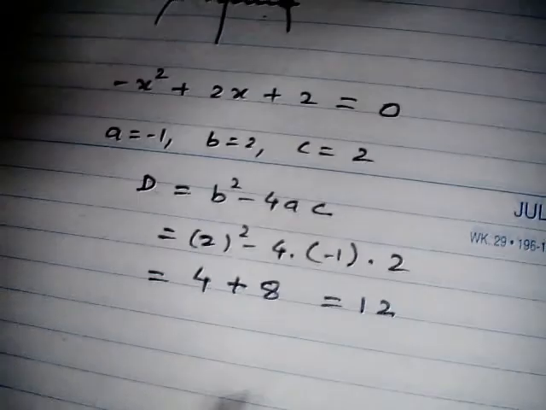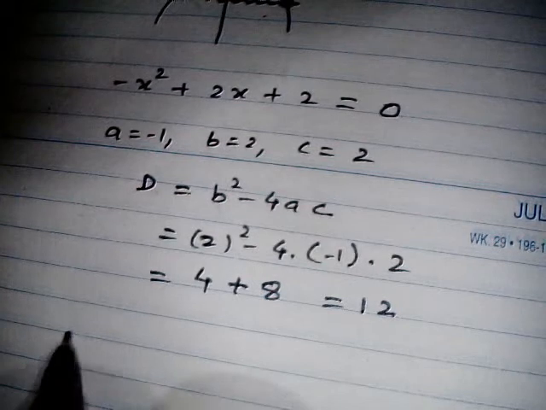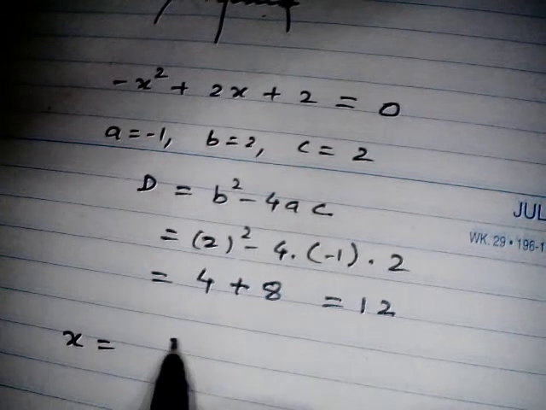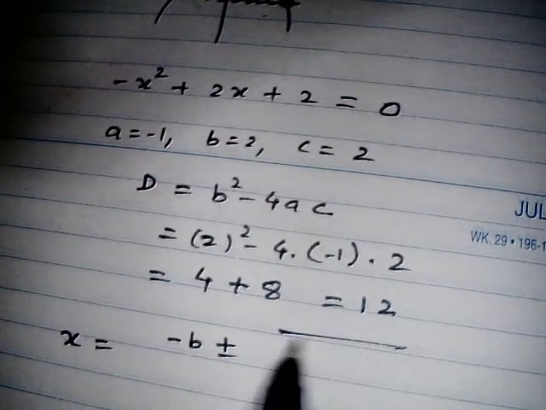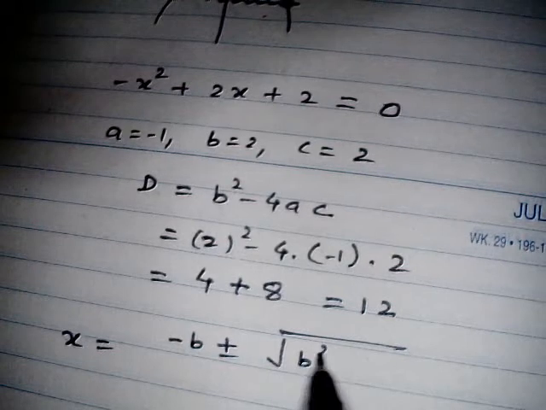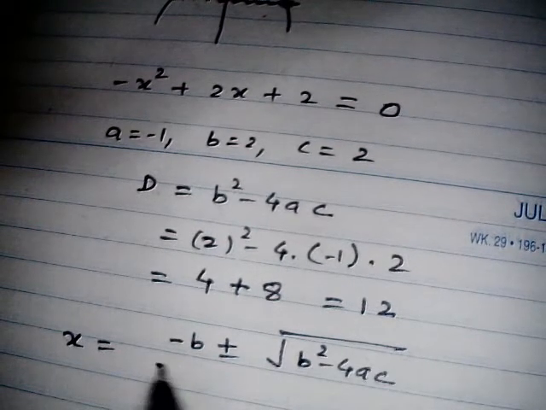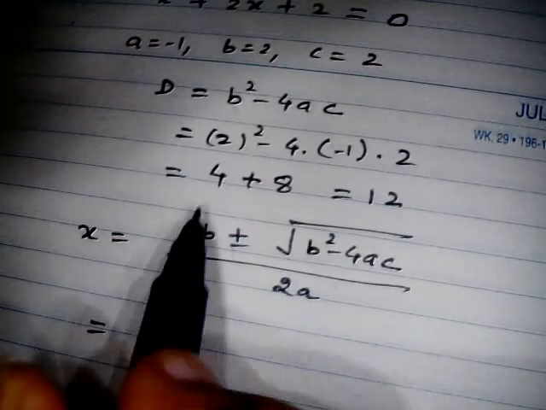Okay, now I am going to apply the quadratic formula. So the quadratic formula is x equals -b plus minus square root of b square minus 4ac upon 2a. Okay, now I plug in the values of a, b, and c. The b value is 2, so I plug in over here.